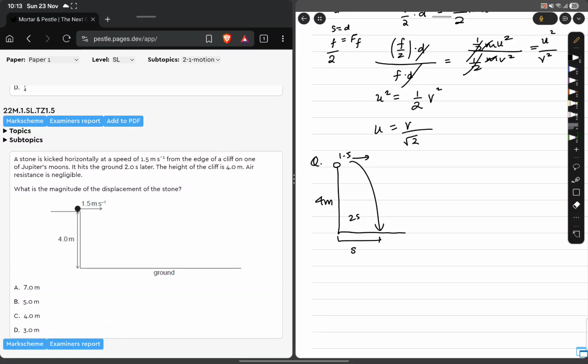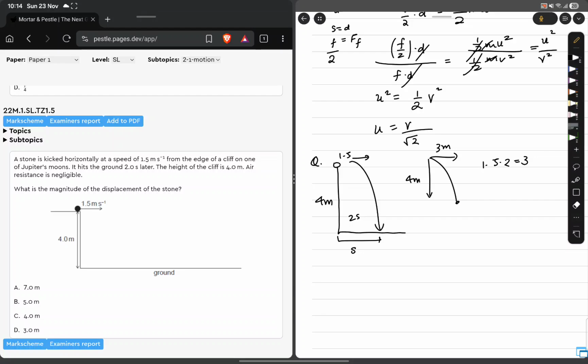So how we're going to solve this question is, we can break this into the horizontal and vertical components. So it's 1.5, and this is 4 meters, but that's a velocity. How do we convert this to a distance then? Well, it's 2 seconds. 1.5 into 2 is 3. So this is 3 meters, and we gotta find this.